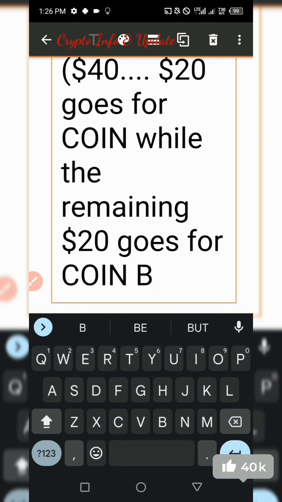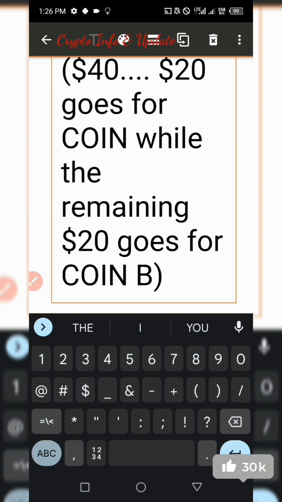So you divide whatever capital you have into half, that is into 50%. Okay, so the capital you have is 40, right? That's 100%, right? So you split it into two, 20 20. You put 20 for the first pair, you put 20 for the second pair.